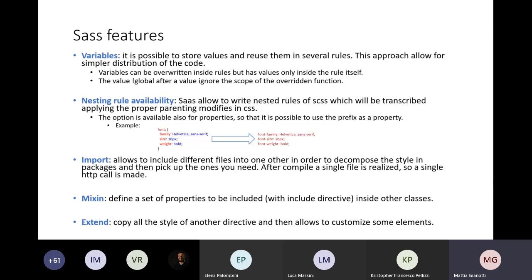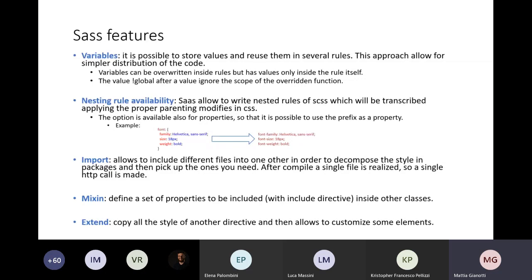You can just use nesting, which means I write a rule inside another one, and in the end the compiler modifies this and prepares the proper symbols in between for you, so you do not need to worry about it.